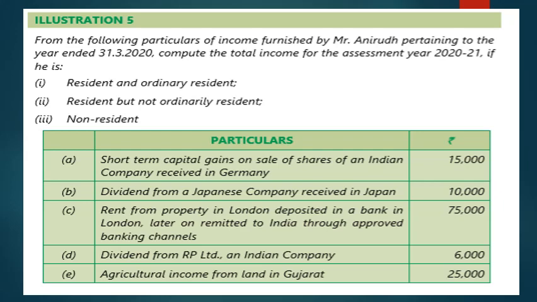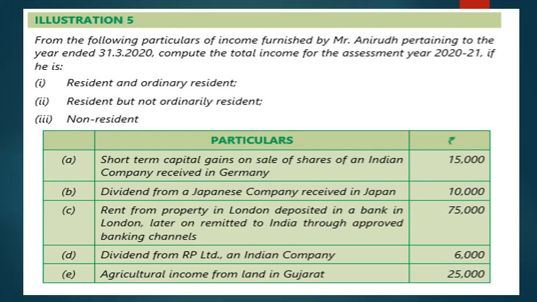So the particulars are: first, short-term capital gains on sale of shares of an Indian company received in Germany, 15,000. Dividend from a Japanese company received in Japan, 10,000.